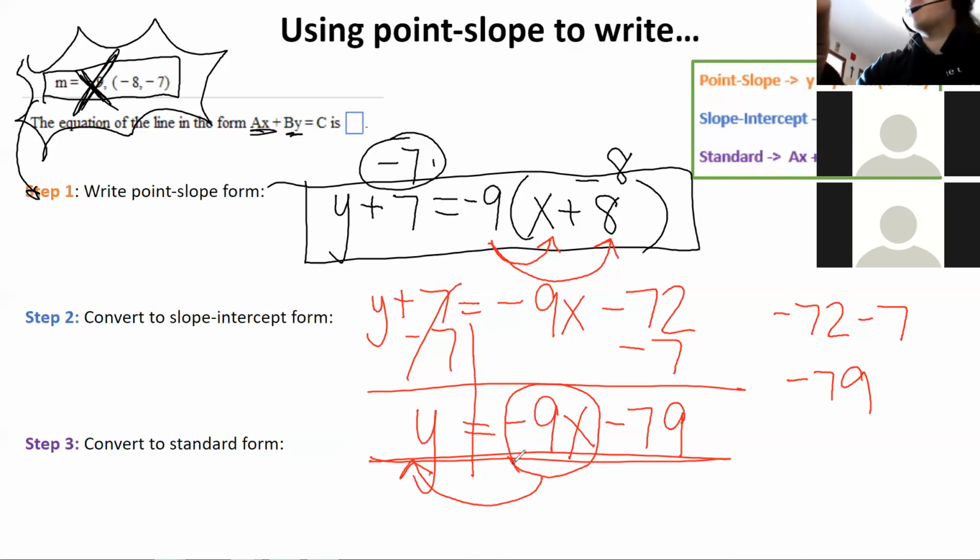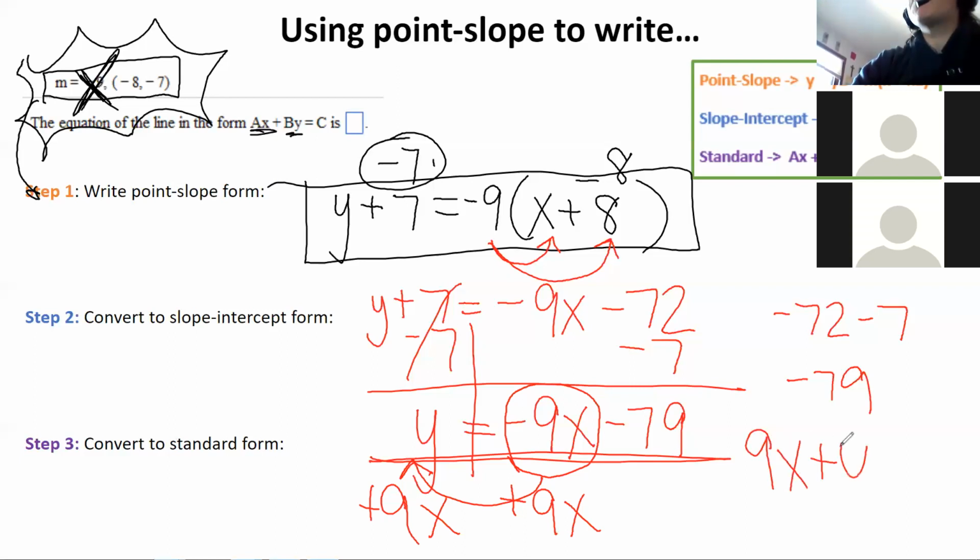So what's the opposite of negative 9x? It's the same thing you do to get a variable on the other side. Yes, we're going to add 9x. And you can't combine those together because one of them is an x and one of them is a y. So our final answer is 9x plus y equals negative 79.